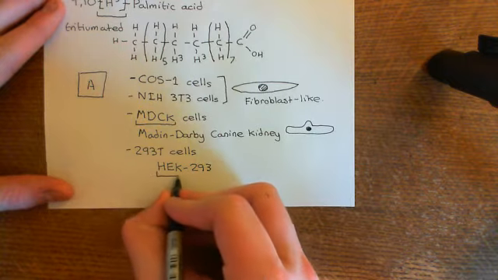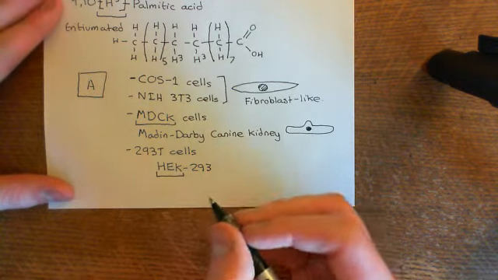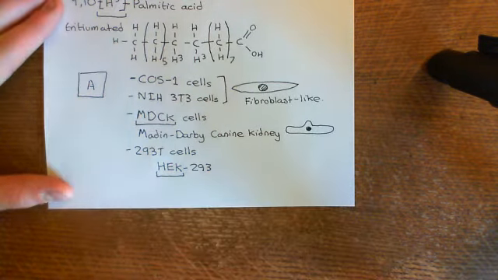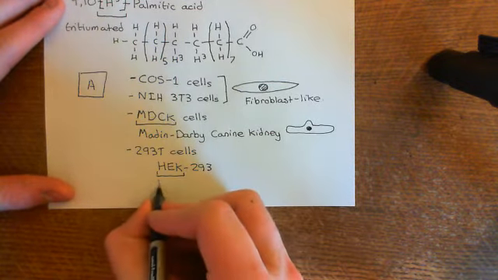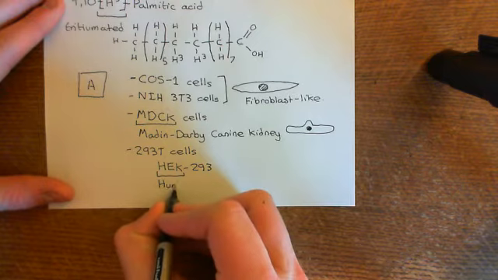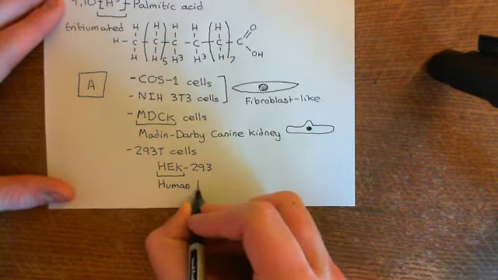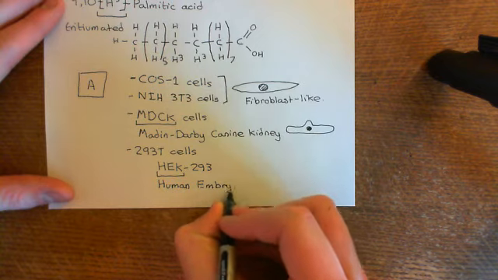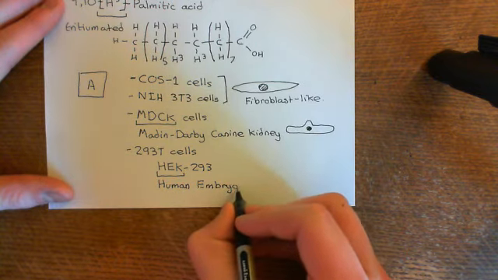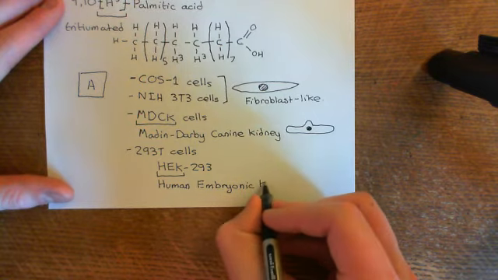Okay, but of course you don't have to extract them from human embryos forevermore. Originally it was from human embryos, but now we've just propagated the cell line on and on so that you don't have to continuously use human embryos, because there are ethical and cost issues with that. Okay, so human embryonic kidney cells.